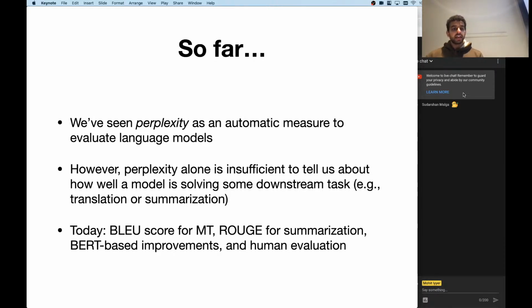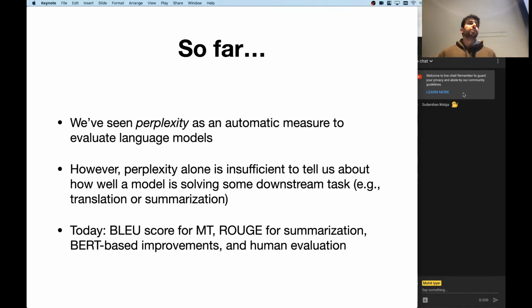So today we're going to spend most of our time talking about the BLEU score, which is useful for translation, but also is used to evaluate many other tasks, and maybe even in places where it shouldn't be used. The ROUGE score is kind of like a simple variant of BLEU score that is used for summarization.